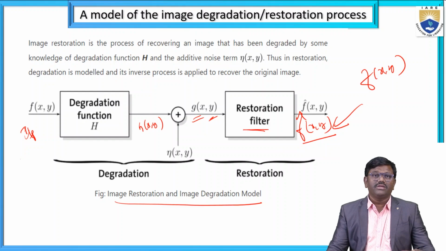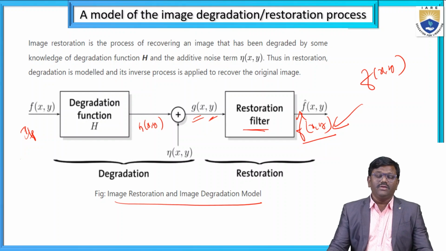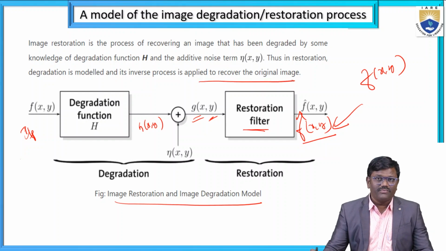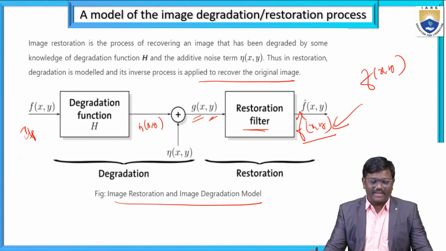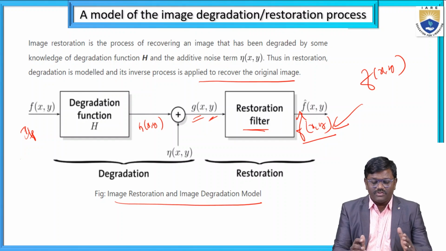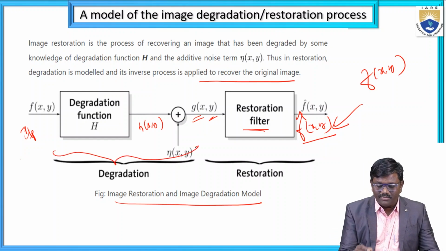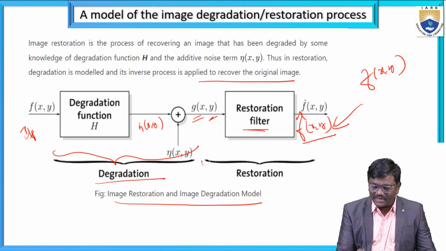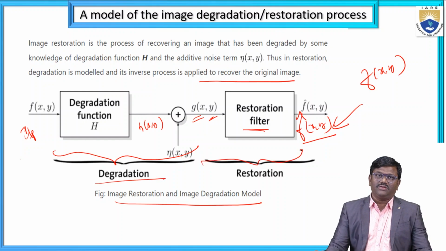Thus, in restoration, degradation is modeled and its inverse process is applied to recover the original image. That is what we understand from this block diagram. The first part is the degradation process, and the second part is where we concentrate on restoration.